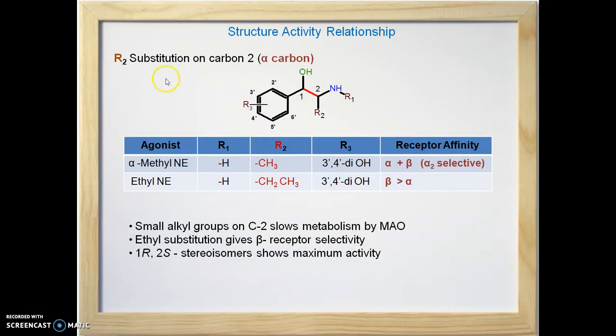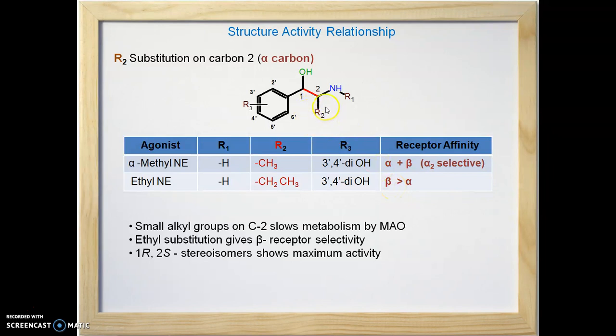Now R2 substitution on carbon number 2. The example taken is alpha methyl norepinephrine, which is having methyl group at carbon number 2. Presence of methyl group in alpha methyl norepinephrine makes it active at alpha and beta receptors, while ethyl group as R2 reduces activity at alpha receptor and increases activity at beta receptor.